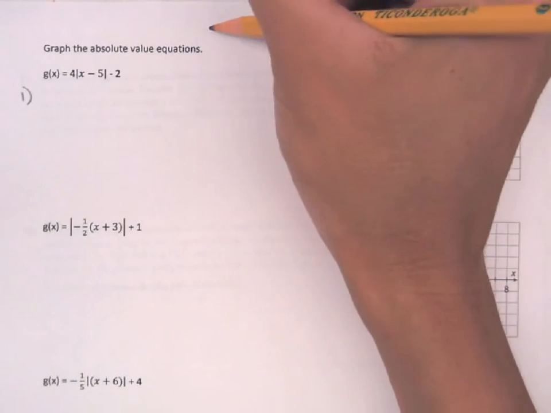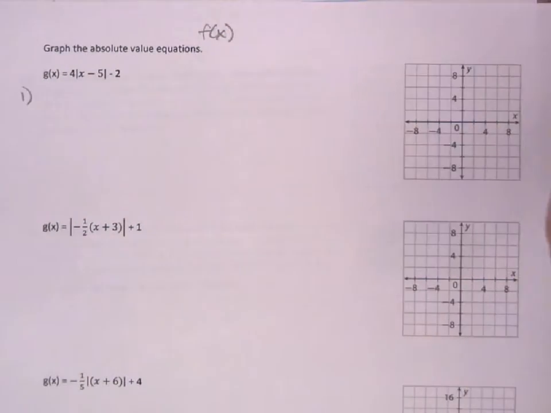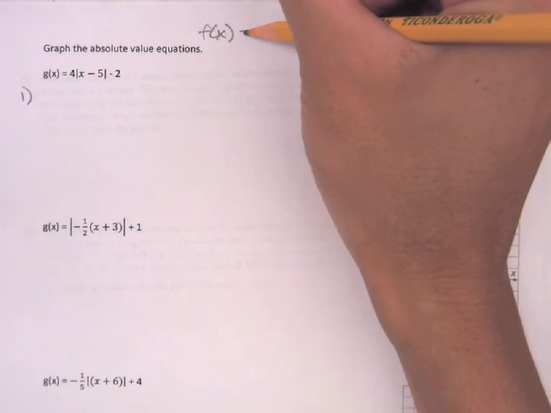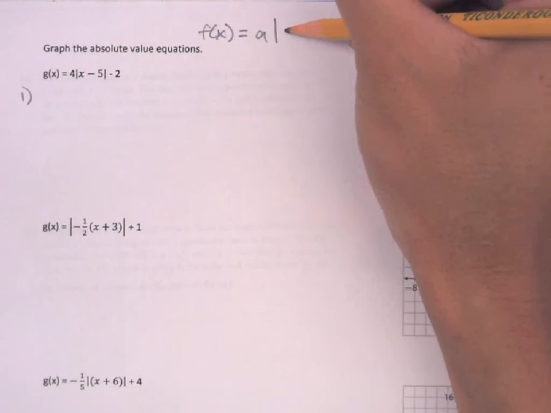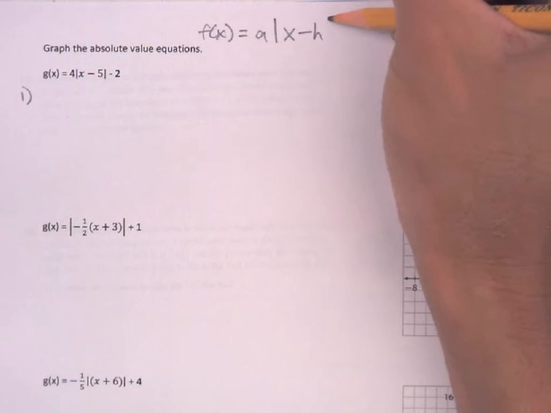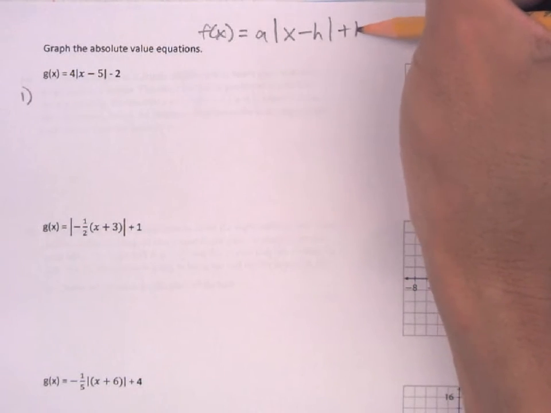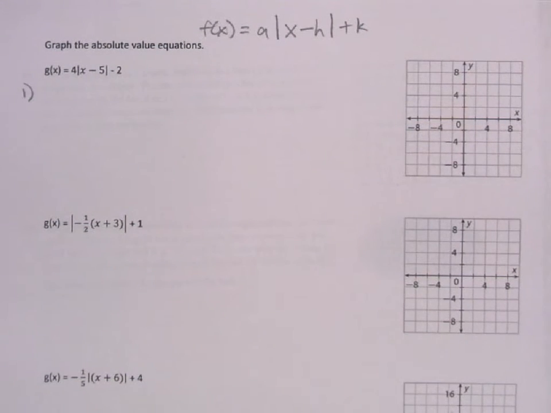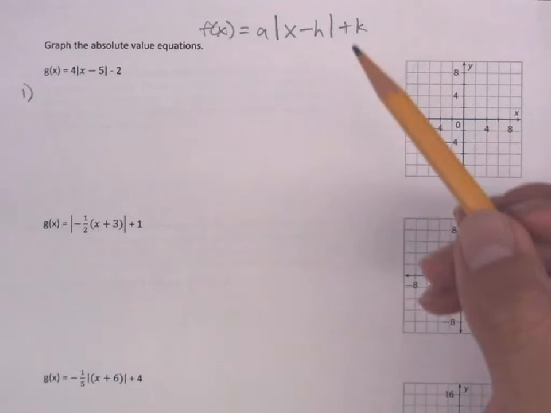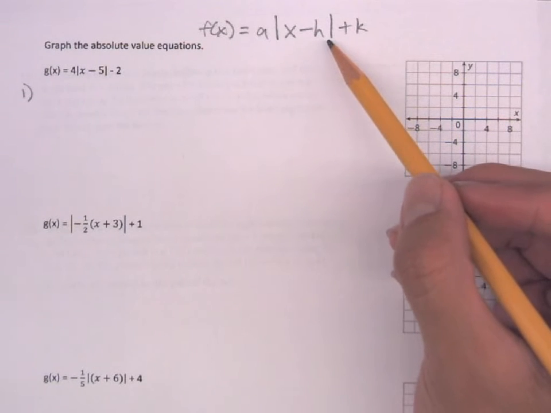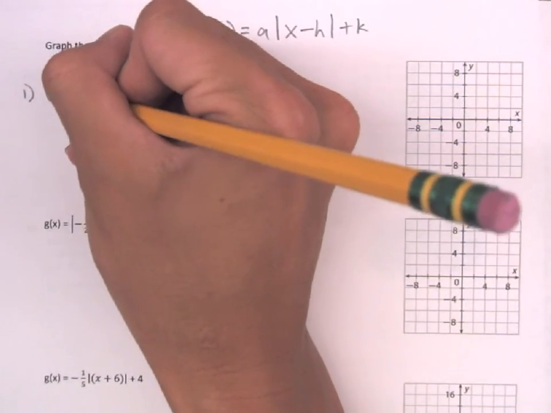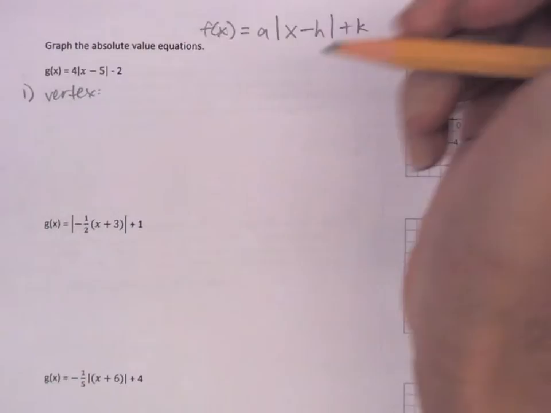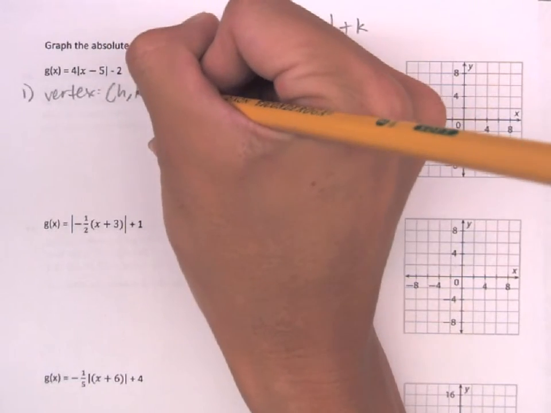So what we know is that our equation for absolute value is f of x equals a, and then you want to consider the absolute value of x minus h plus k, just like that. So what I see here is that my vertex is going to be (h, k).